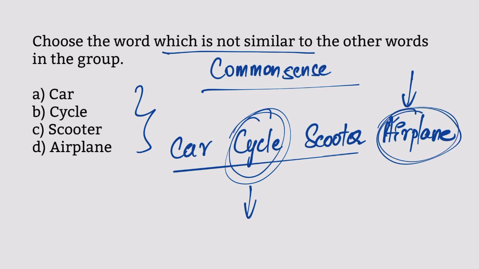But when I checked the institute answer, they had selected cycle as the word which is not similar to the other words in the group. So we'll go with the cycle. Basically, they have grouped the words based on whether those vehicles run on engine and fuel or not. That way, cycle would be the word not similar to the other words in the group.